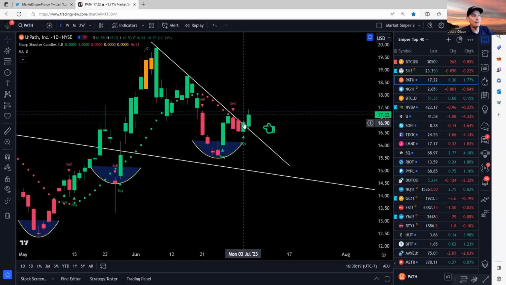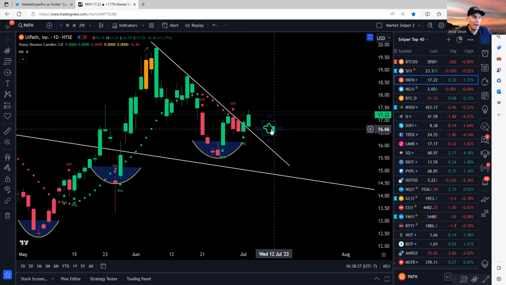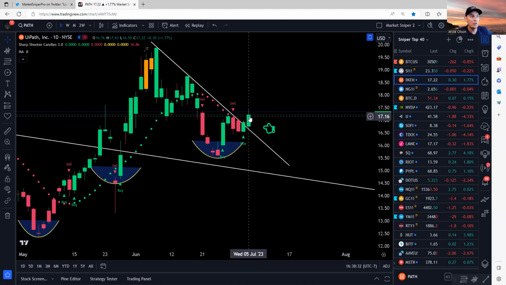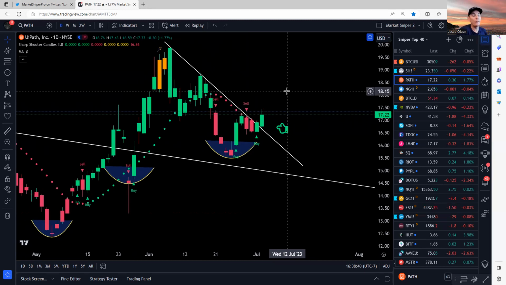The next day, price came back and retested the trend line, that's why I have the finger pointing here, and it looks like it resumed off. So that's a back test and follow through to the upside, and that's what you're really looking for.